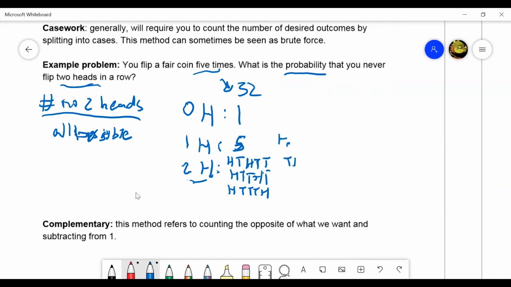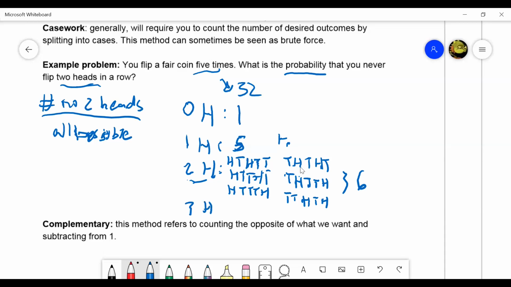And if the second one is heads, then you have these ones, these 2, and then if the third one's heads and you don't have any heads after or before it, then it would just be tails, tails, heads, tails, heads. So that means there are a total of 6 here, because we can just list out the 6 that work. And it's pretty clear, because we did it systematically, that there are no other ones. So that's it for this case.